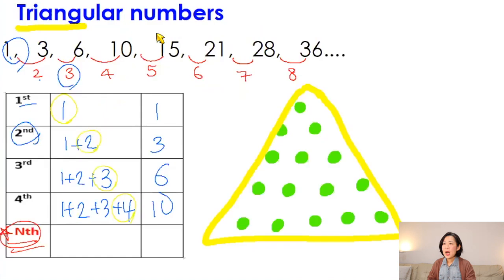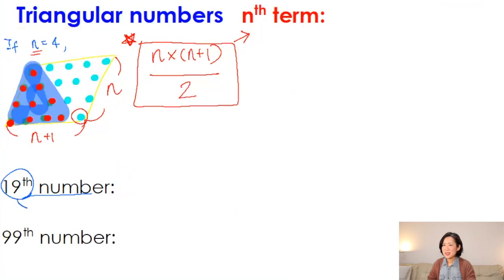That means you keep adding up consecutive numbers from 1. What could it be? The sum of all 19 numbers, that is n equals 19. Then let's use our formula. 19 plus 1, one more than 19, is 20, right? Then divide by 2.